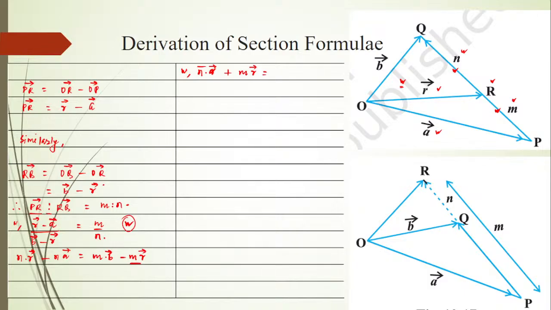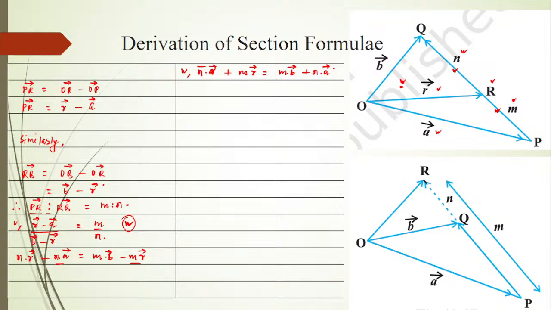Now we move n into vector a to the right hand side, then we get m into vector b plus n into vector a.